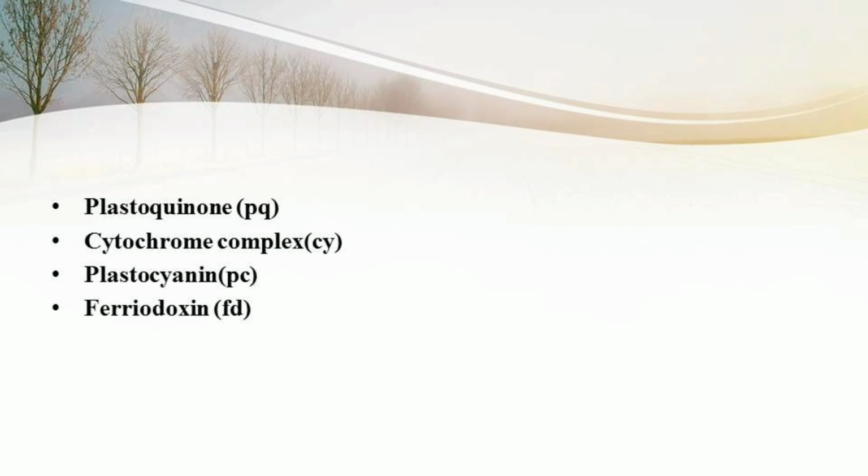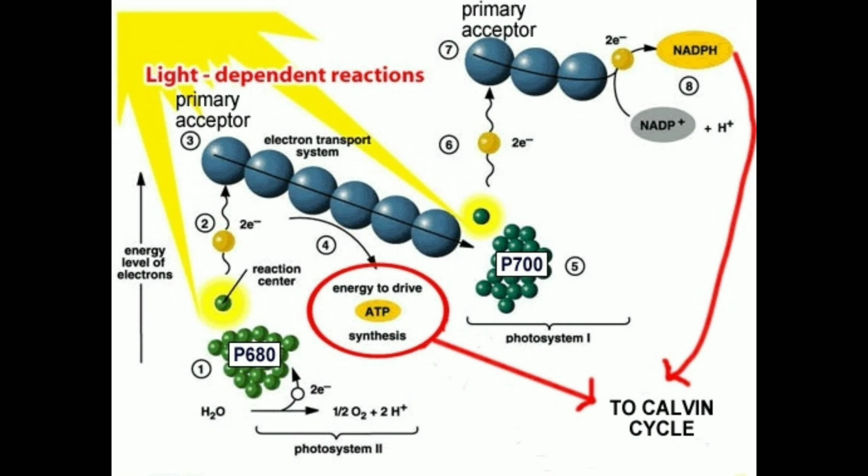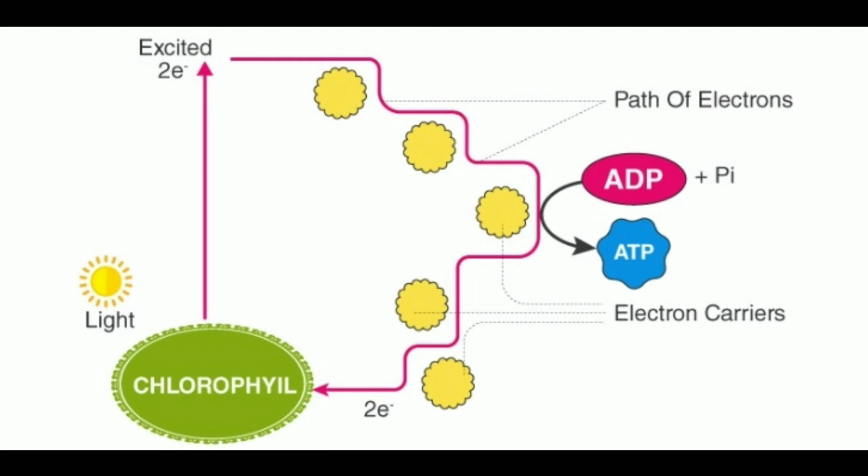From plastocyanin, this pair of electrons moves to chlorophyll A. When the electron is passing from ferredoxin to plastoquinone, the ADP with inorganic phosphate helps in the formation of ATP synthesis.